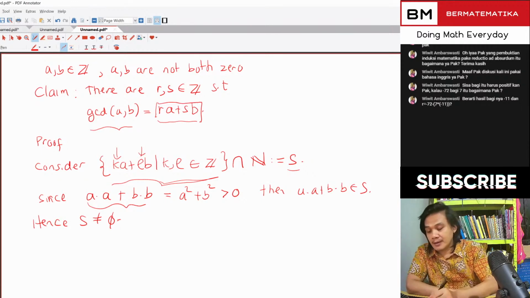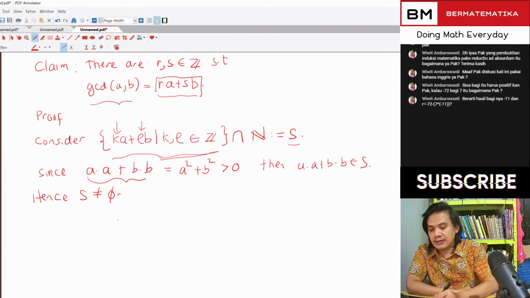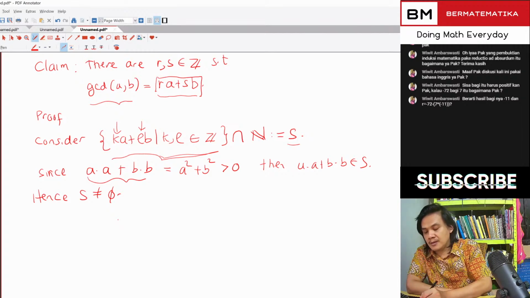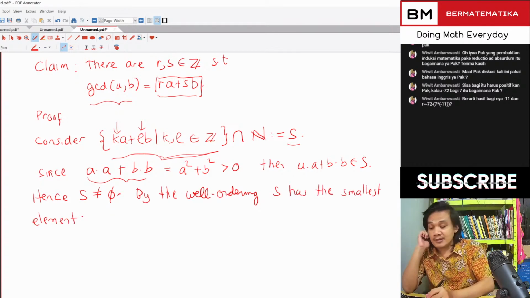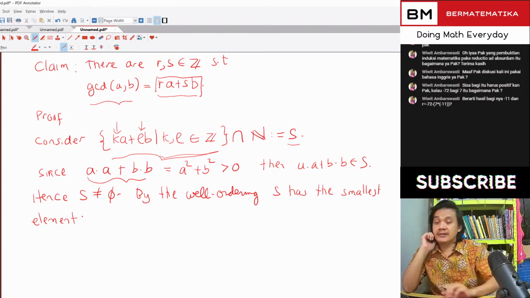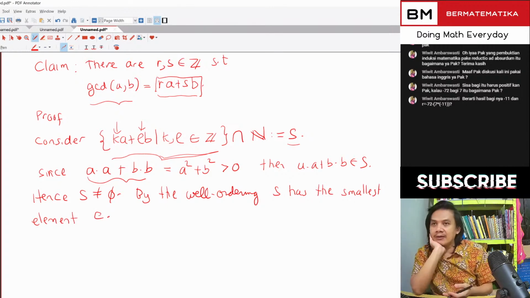So by the well-ordering, S has the smallest element. Let's call it, for example, C, right? And this is our candidate to be the GCD of A and B.